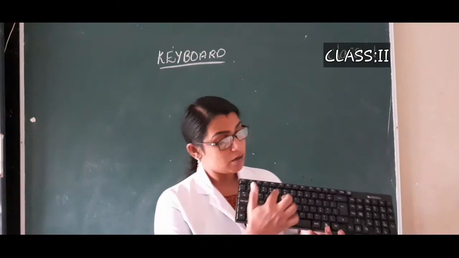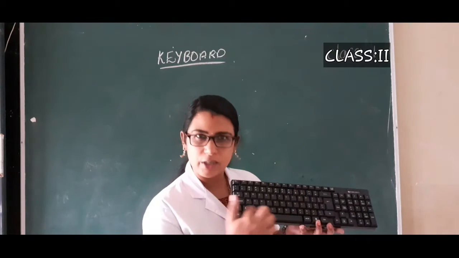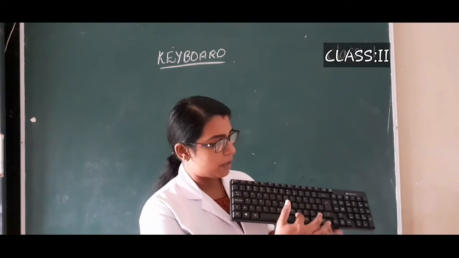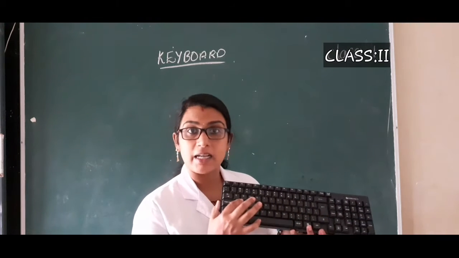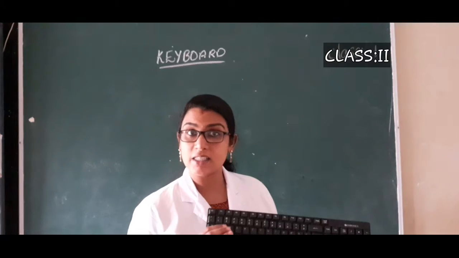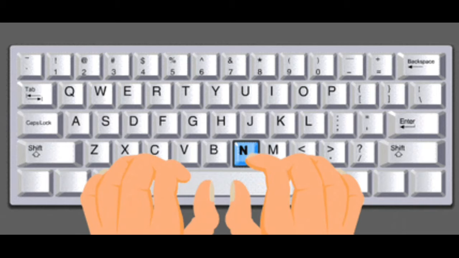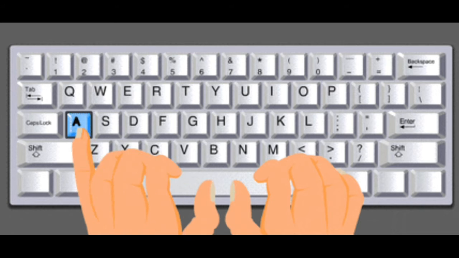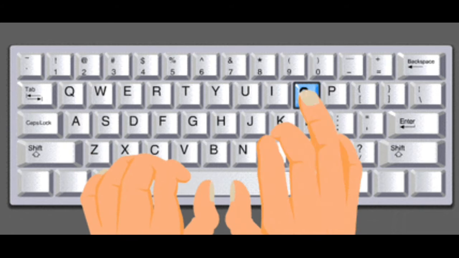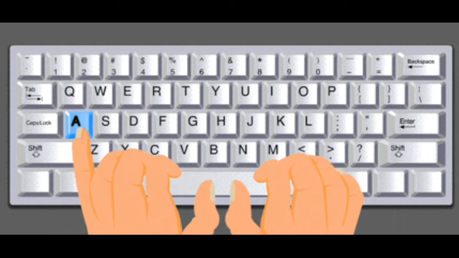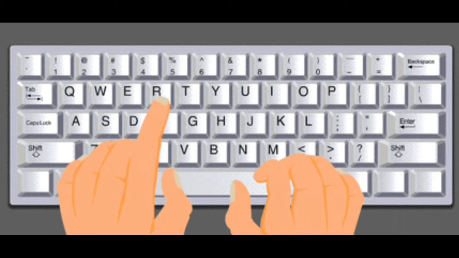Here we can see many small buttons, and these small buttons are known as keys. A keyboard usually has 101 or 104 keys. Letters, numbers or symbols are printed on the keys, which are typed when that key is pressed.